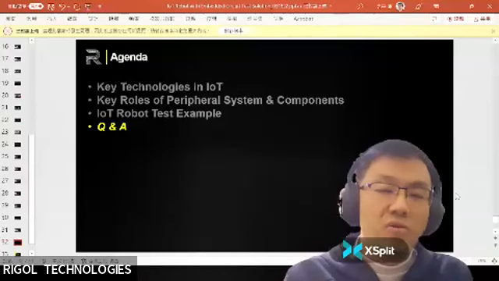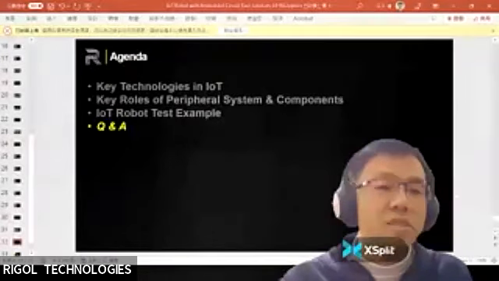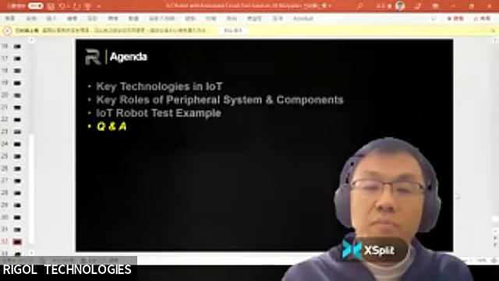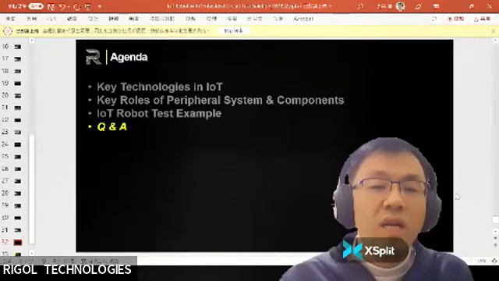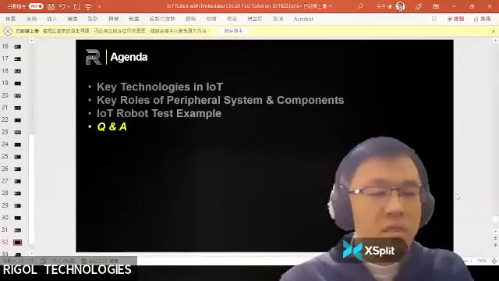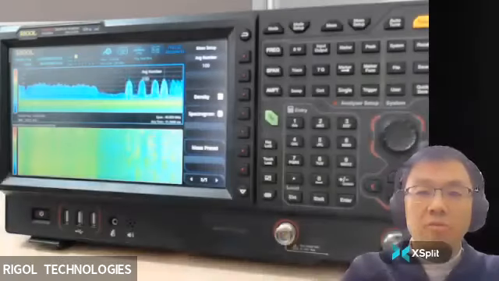We can even do the PWM or any kind of pulse sequence test. So now I will take the Bluetooth antenna testing as an example for a live demonstration for your reference. Okay, let me switch to the other screen.